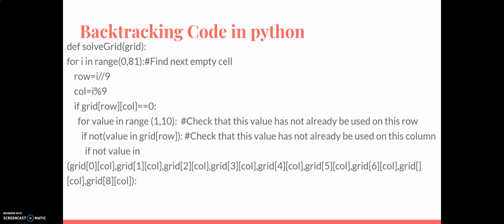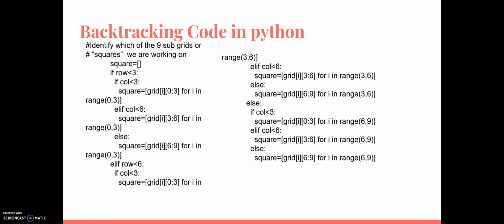So we can just eliminate checking the column and subgrid for all of these possibilities that obviously aren't going to be in the solution. Once we've checked that row and found a possible solution, we'll check that this value is not already in the column. Then we'll identify which subgrid we are in, as the code states squares, which is the same thing as a subgrid.